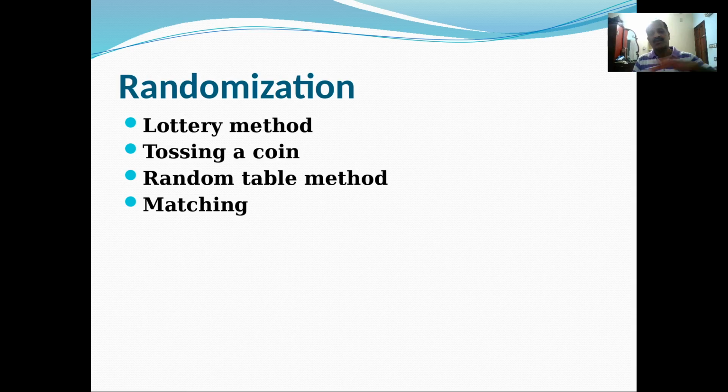There are three types of designs: quantitative design, qualitative design, and mixed design. Under the quantitative design, we have several designs called true experiment, quasi-experiment, pre-experiment, and non-experiment. Under true experiment, we have seen the characteristics. Under true experiment, there are still further designs, so those designs we will discuss in the next class.